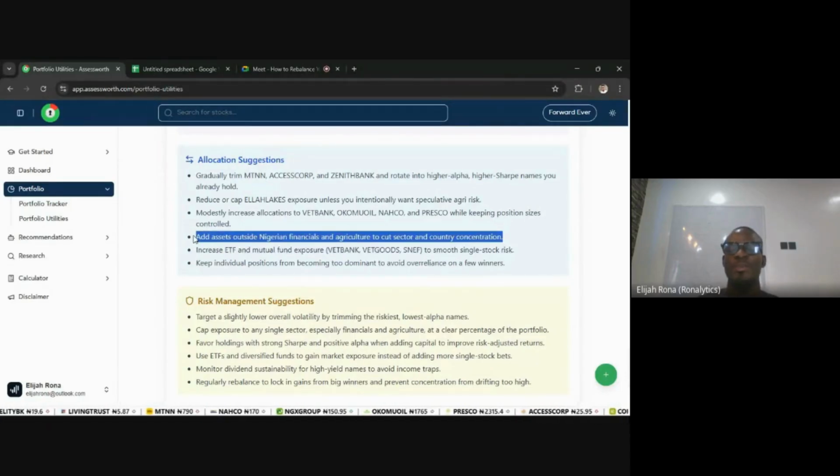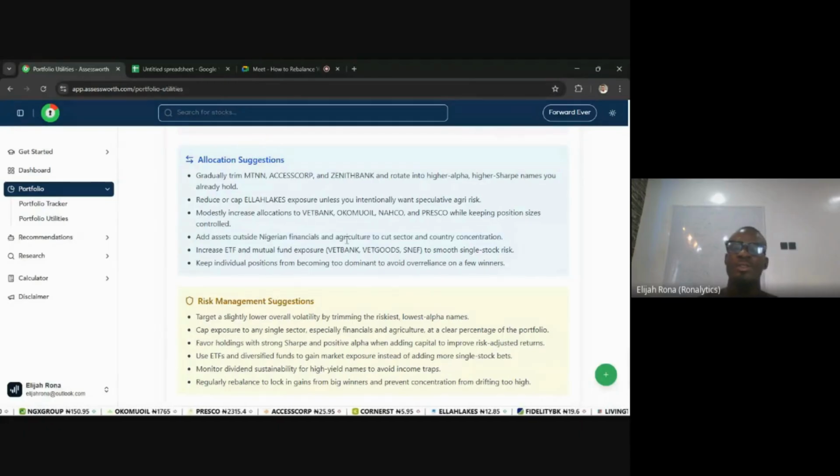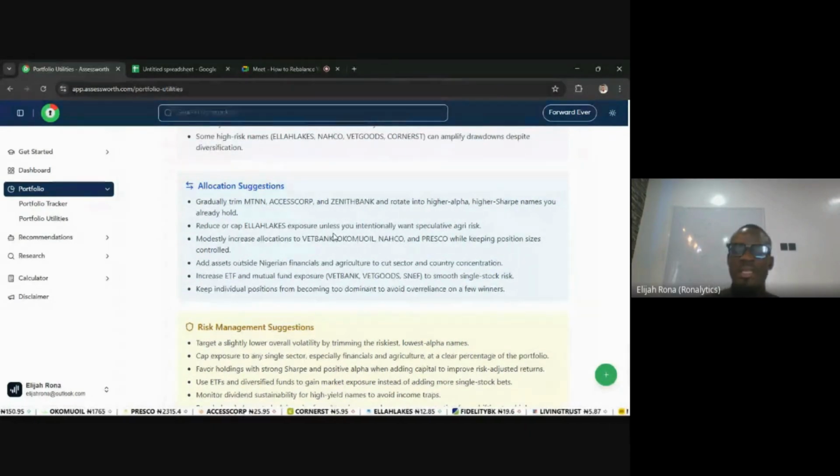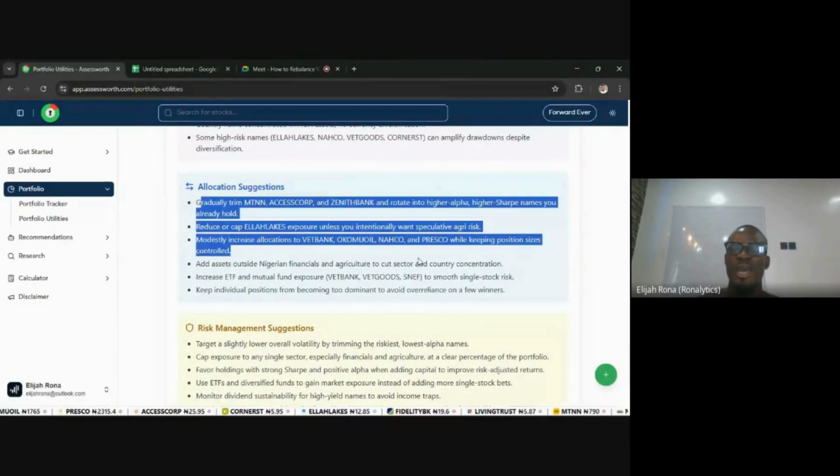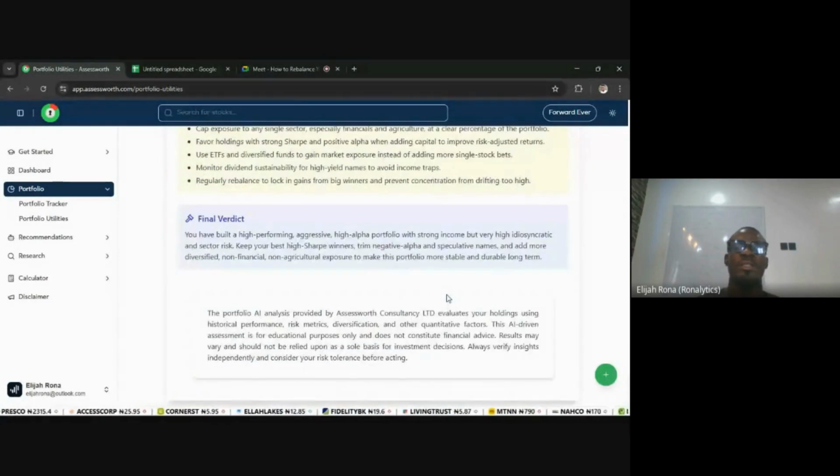Why? This portfolio has many agricultural and banking stocks, so it's advising that you should diversify to other industries. So when it comes to portfolio rebalancing, this AI actually helps you with that, plus a lot more, right?